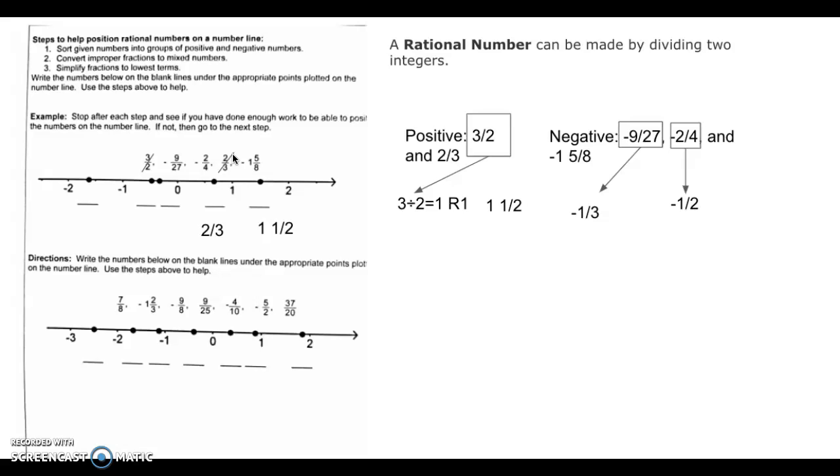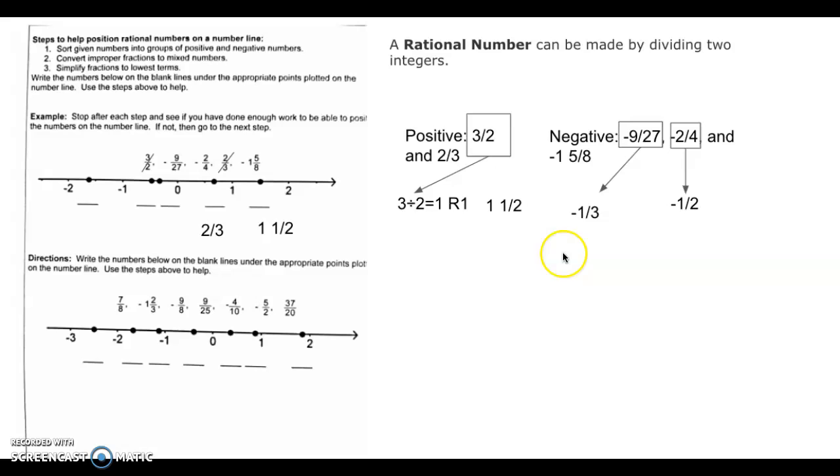Okay, now this is going to get a little bit harder because we're dealing with negative numbers. The smaller the negative number, the closer to 0 it's going to be. The larger the negative number, the farther away from 0 it's going to be. So our first ones to look at are -1/2 and -1/3. What's smaller?